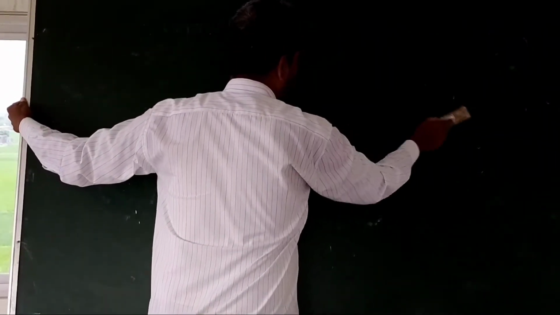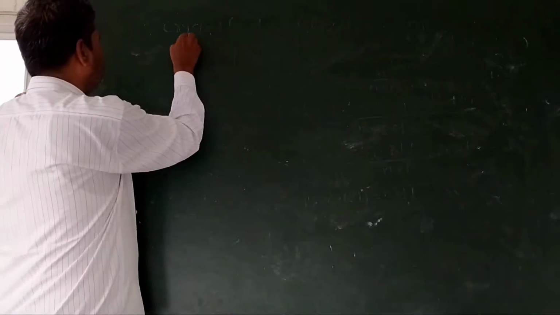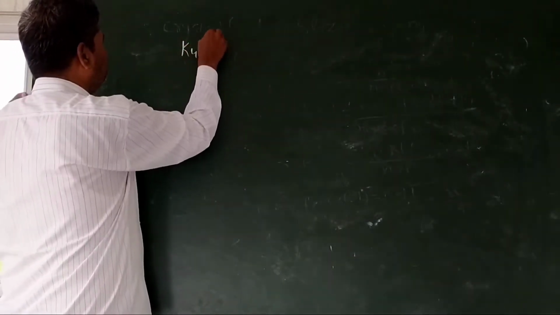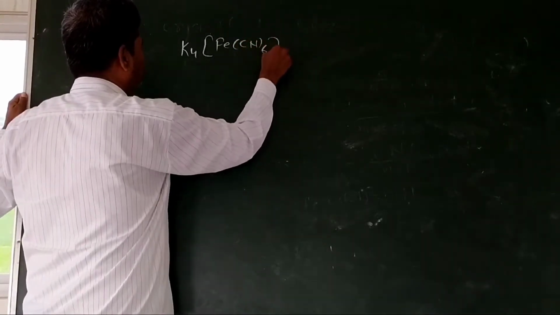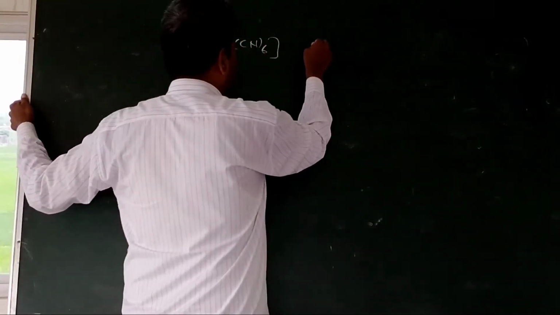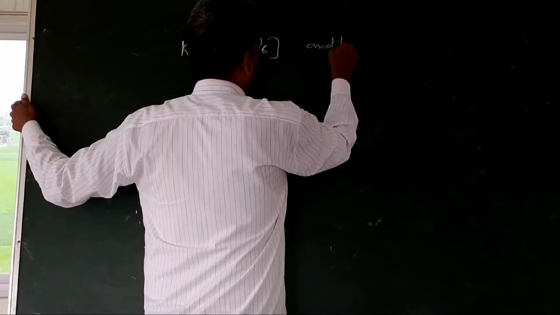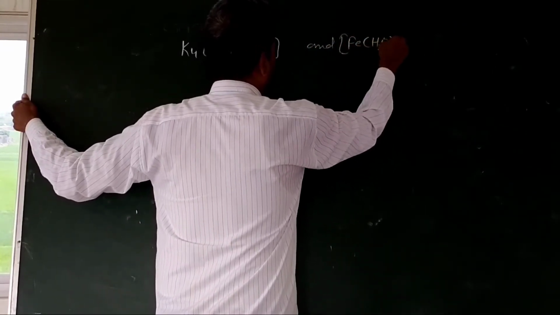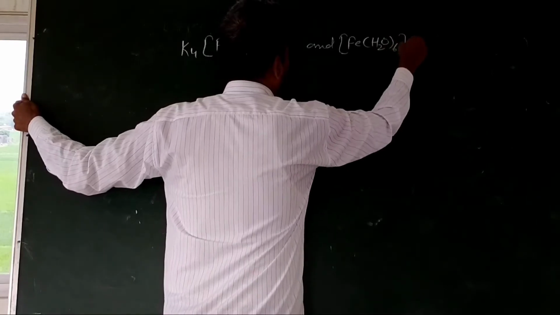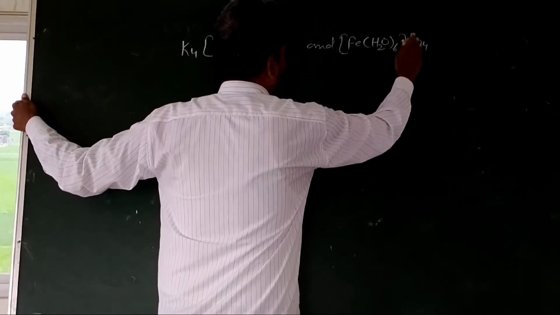Now let us consider the example. K4[Fe(CN)6] and [Fe(H2O)6]SO4 or Cl2.